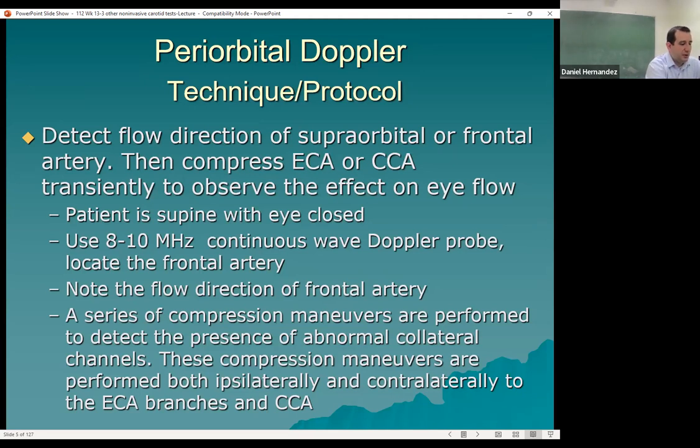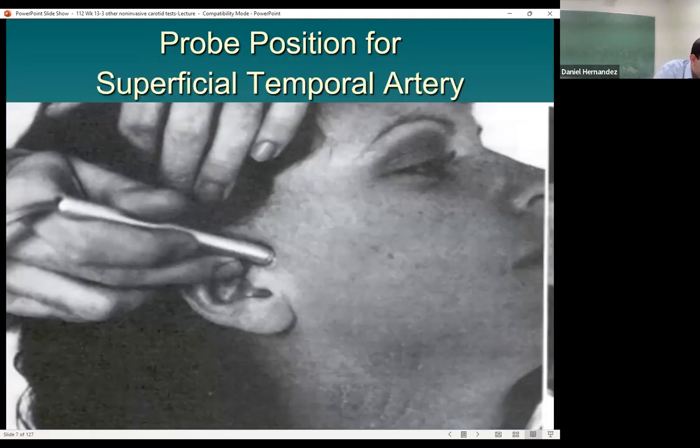We note the flow direction in the frontal artery. A series of compression maneuvers are performed to detect the presence of abnormal collateral channels. These compression maneuvers are performed on the same side and contralateral to the ECA branches and the CCA. We do temporal taps.